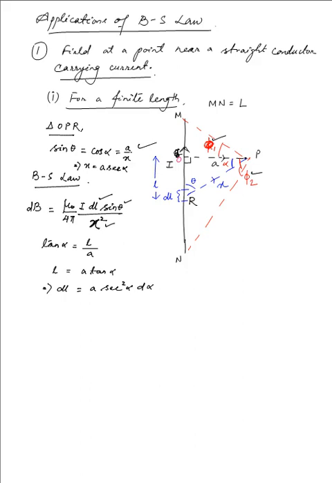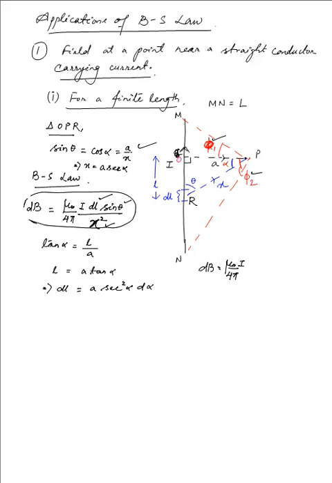We can put all of them in the equation that is available to us, that is Biot-Savart's law. So I rewrite the equation over here: dB is equal to mu naught divided by 4 pi I. So we have converted everything into alpha, and then we'll be setting the limits for alpha from the topmost point to the bottommost point in terms of the angle.